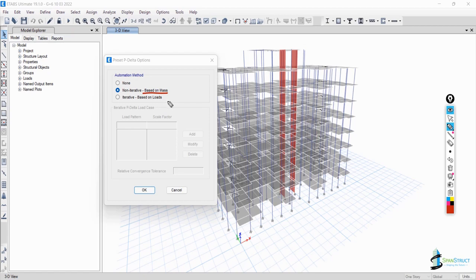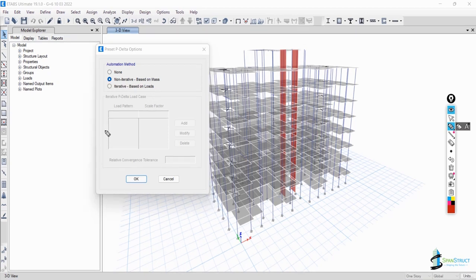The structure load will get computed automatically from the mass at each level. This is an approximate method and it does not require any iterative solution. So that's the reason why it comes under the non-iterative.